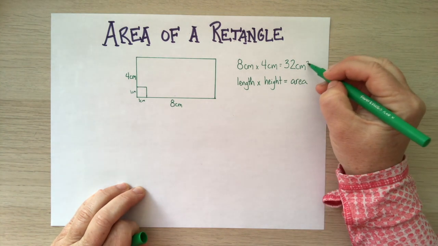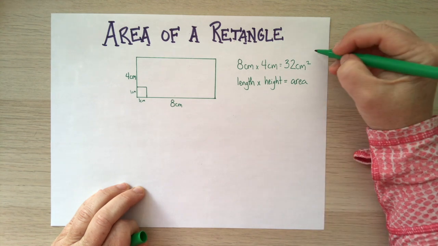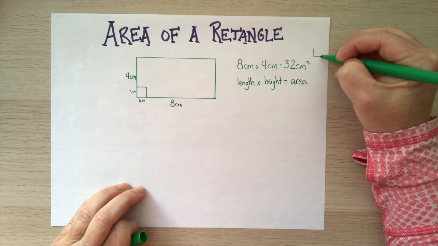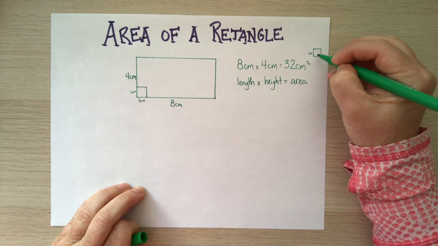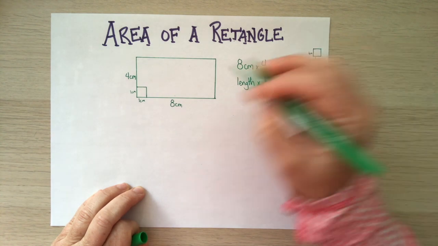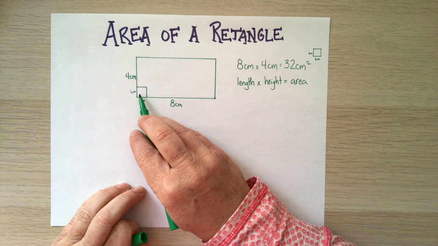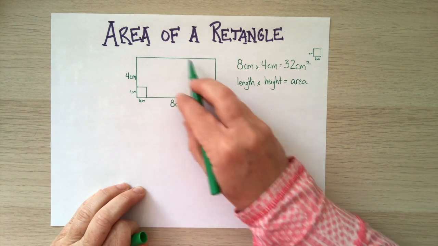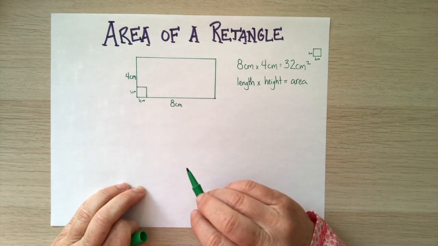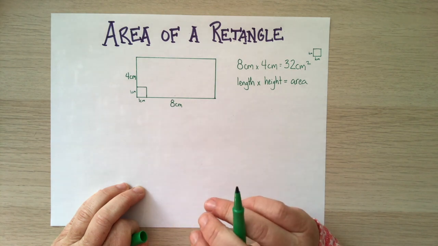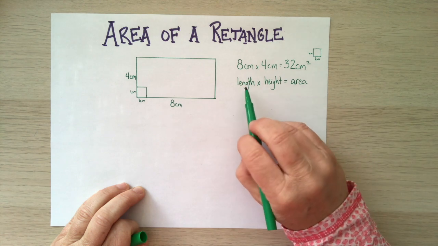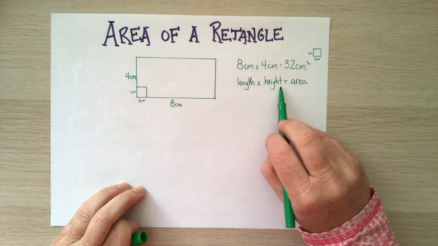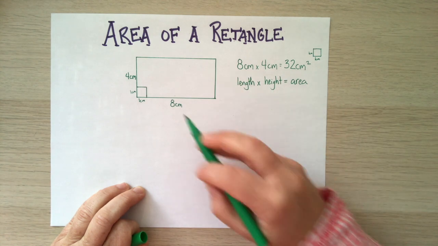And the reason that we put that 2 up there for squared is that it's a 2-dimensional shape that we're looking at, a 1 centimeter by 1 centimeter. So there's actually 32 of these squares within this rectangle here. That means the formula for finding out the area of a rectangle is multiplying the length by the height in order to find the area.